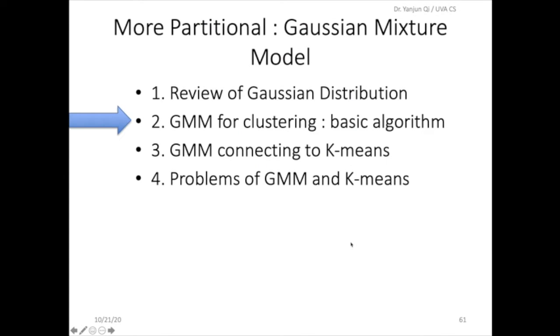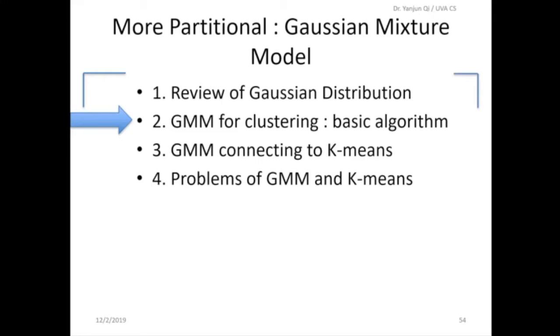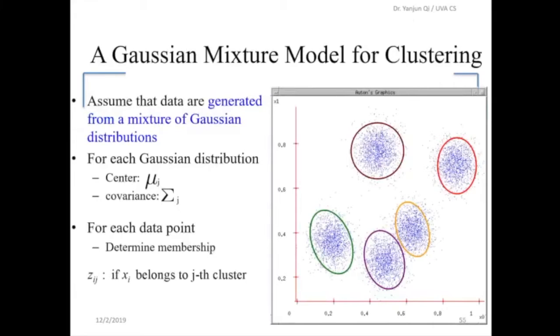All right, so this is the roadmap. What we're going to talk about is Gaussian mixture model. Only cover the basic version here. Okay, so what is Gaussian mixture model? In a Gaussian mixture model, you're assuming each cluster is generated from a specific Gaussian distribution.